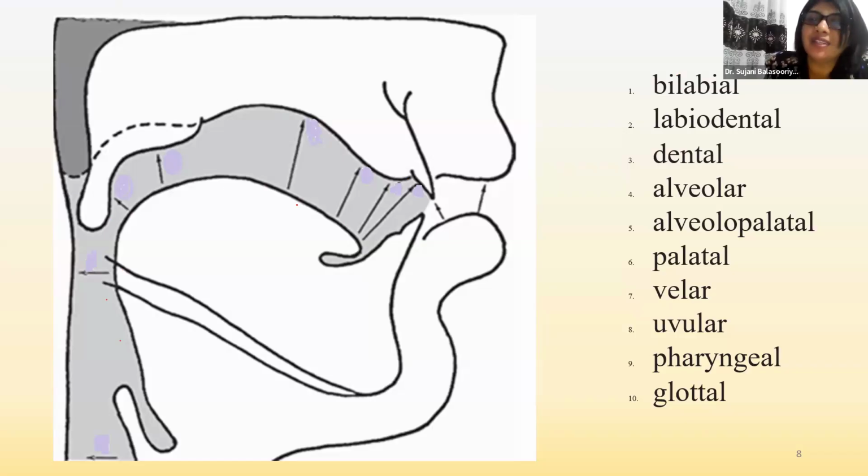The simple thing you have to do is to put the numbers near the relevant arrow. For example, number 1 is bilabial. Where do you find the production of bilabial consonants? Here, right? These are the two lips. So you put number 1 here, like that.